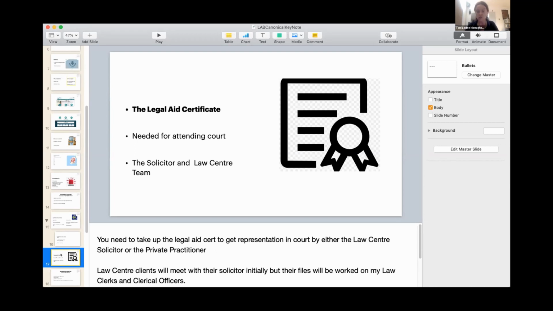Our law clerks will assist the solicitors in terms of preparing our paperwork, and our clerical officers will be the ones doing a lot of our typing. They will be the people answering the phones, and things like that. So there is a team working together.